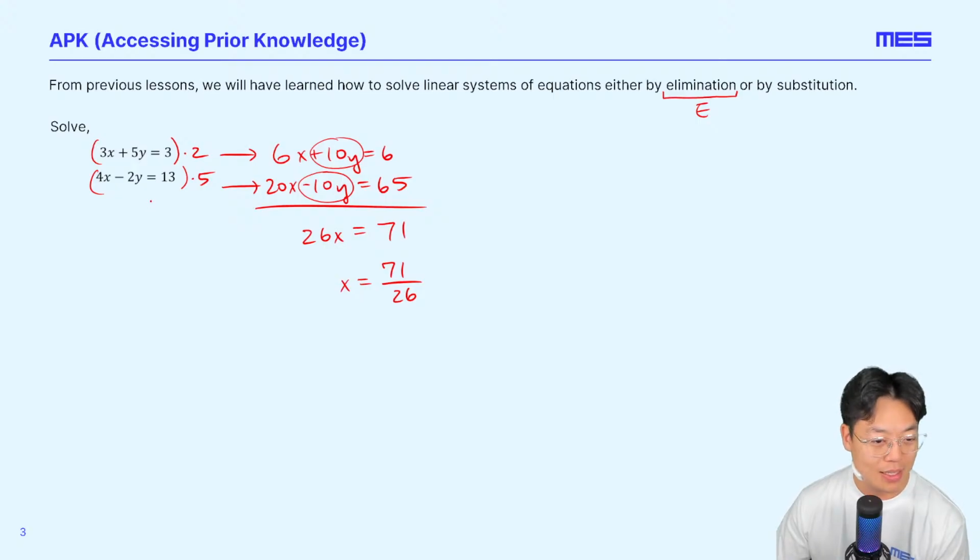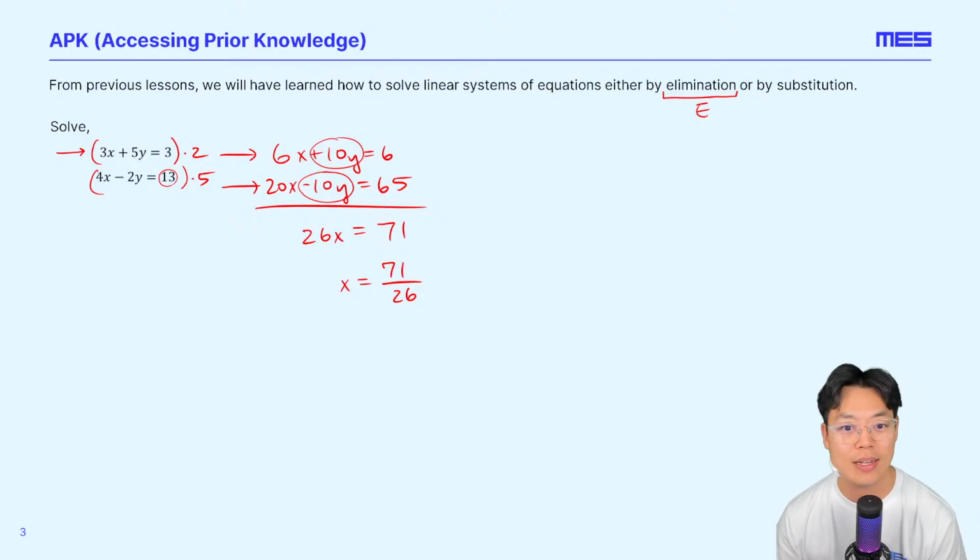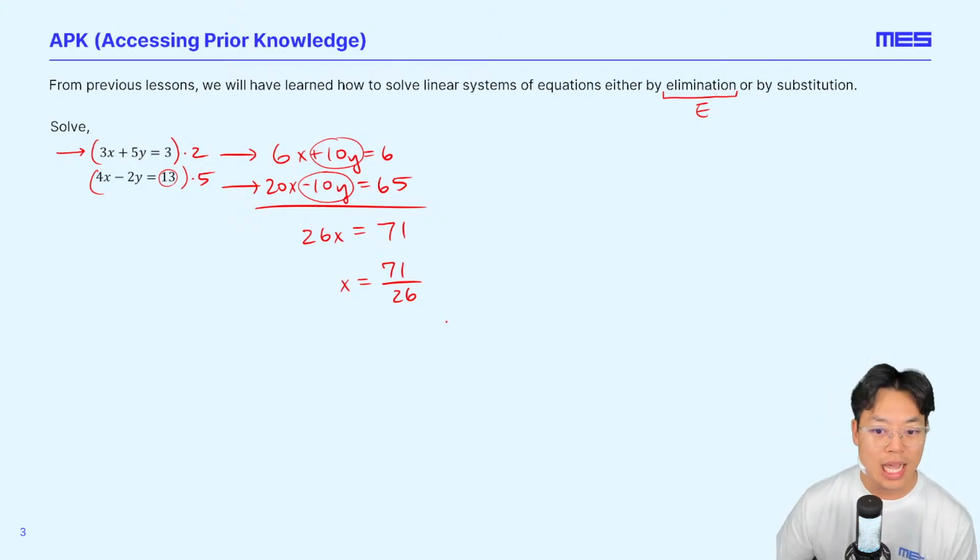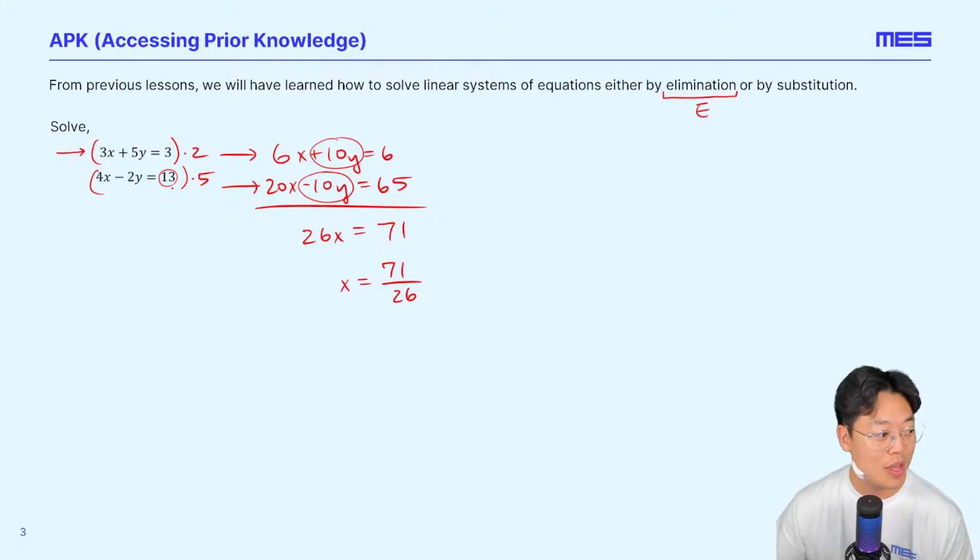Now, I'm thinking 13 is quite a big number to work with later, so I'm going to choose to work with equation 1. However, let me ask you in the chat, am I allowed to use either one of these equations? Am I allowed to plug in this x value of 71 over 26 into either one of these equations? Yes or no?